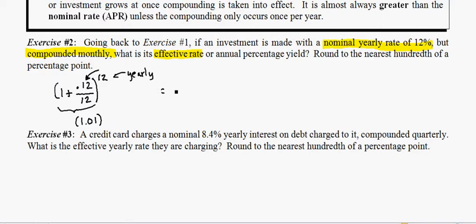When I did that, I wrote that intermediate answer, 1.12682, etc. This then becomes what you really multiply by. You're not multiplying by 1.12, you're multiplying by 1.1268.